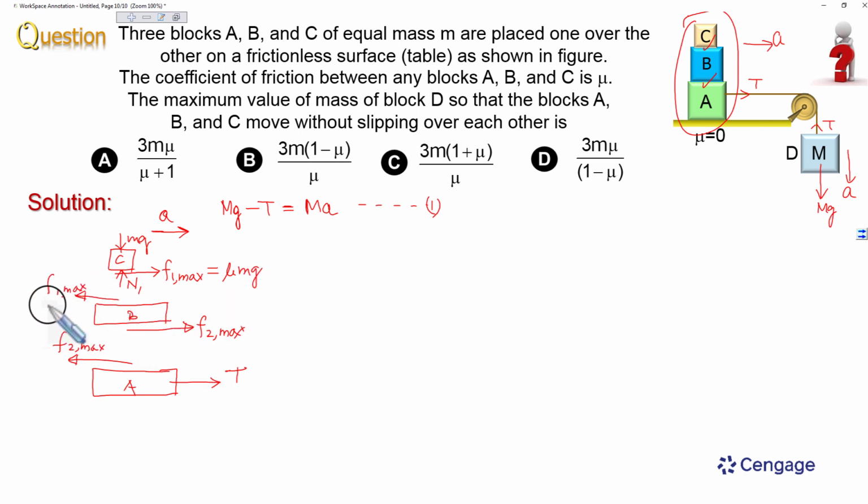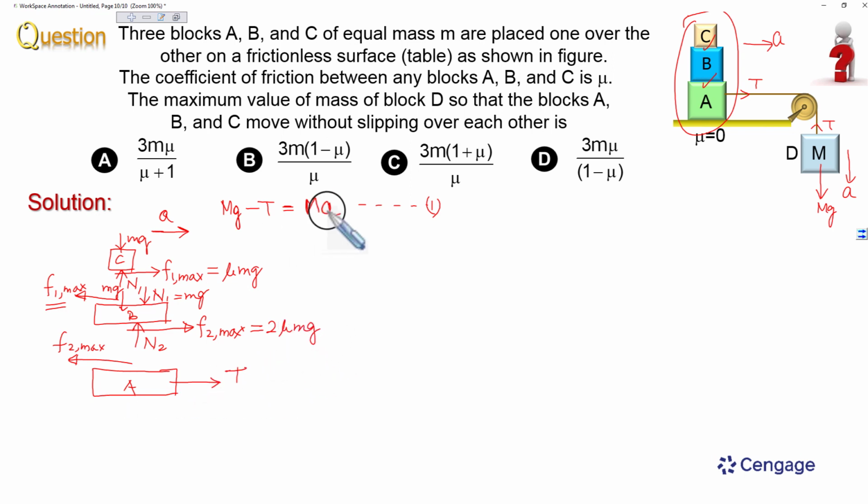Like friction, normal reaction also occurs in pair. So this is N1, equal to small mg, and this is N2, and the mass is small m, so the weight should also be mg. So N2 is equal to mg plus mg, that is equal to 2mg. It means friction here should be equal to 2 multiplied by mu multiplied by mg.